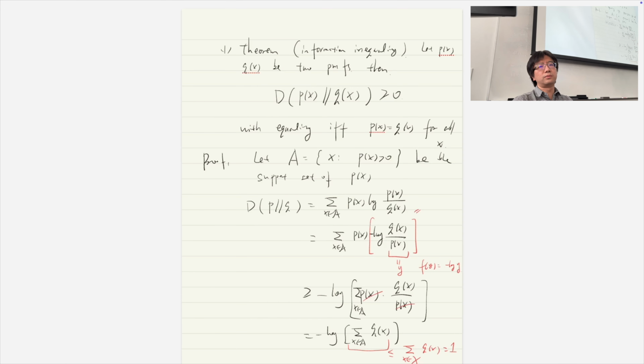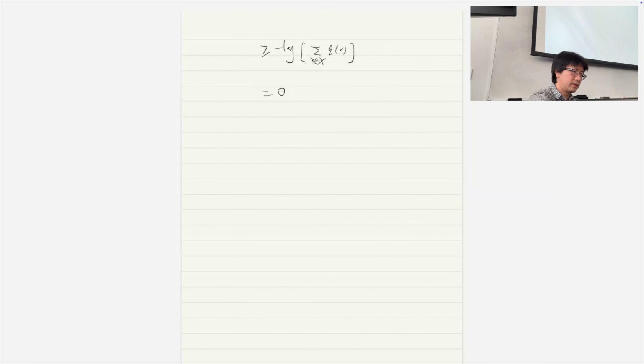One, normally in information theoretic proofs, we need to pay a lot of attention every time we use an inequality. Here we use an inequality here, and then we use an inequality here, so we need to be really careful to see when the inequality becomes equality. That's how we understand things, right?